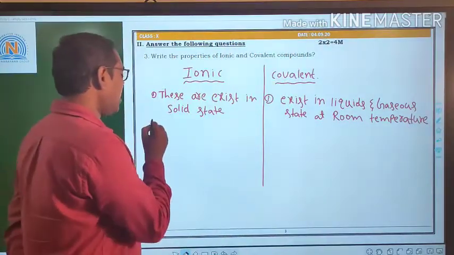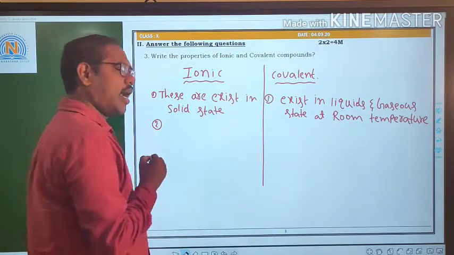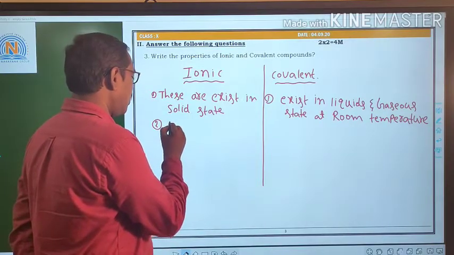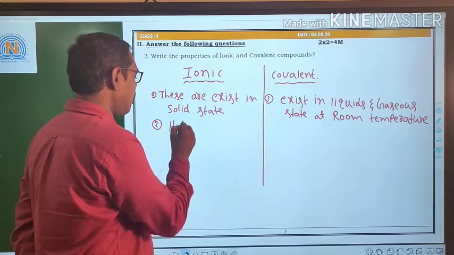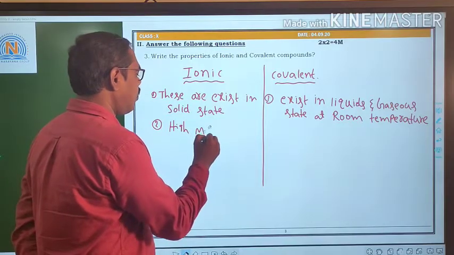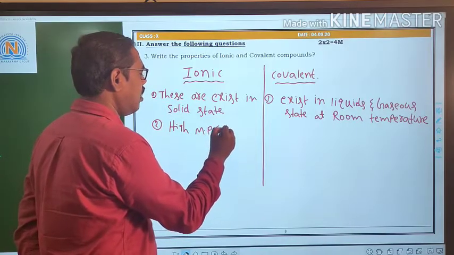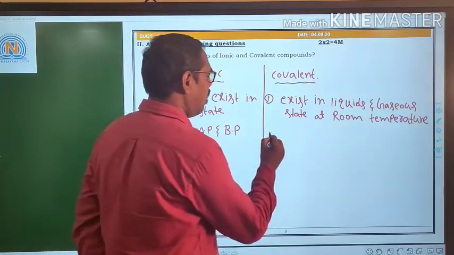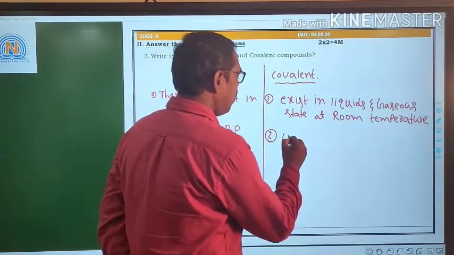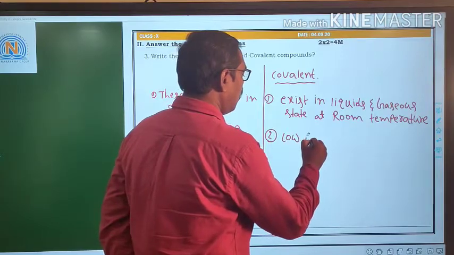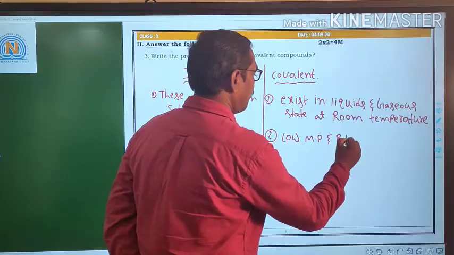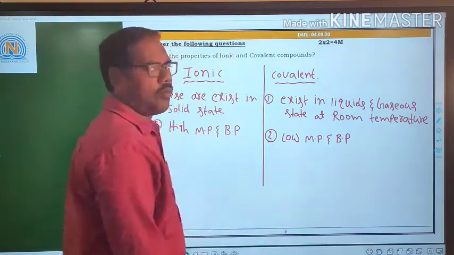Next, ionic compounds generally have a high melting point and boiling point. These have a low melting point and boiling point, which are covalent compounds.